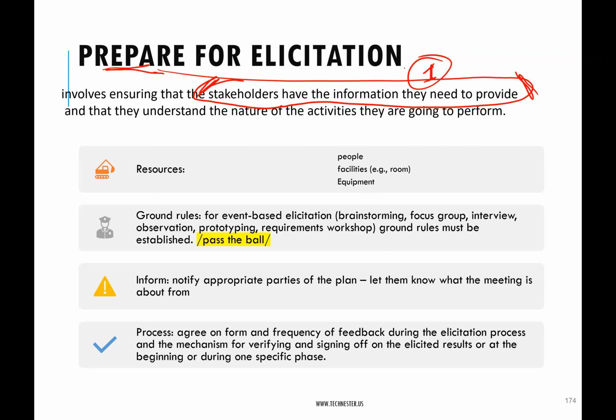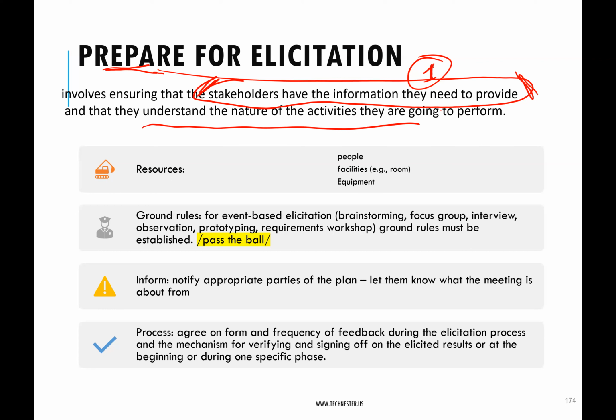The second part is that they understand what you are going to be doing in the elicitation process. So if there's anything you plan to do, maybe you want to play a game, maybe you want to show a video, whatever it is, you inform them beforehand so there are no surprises.